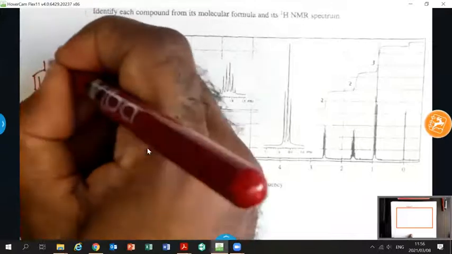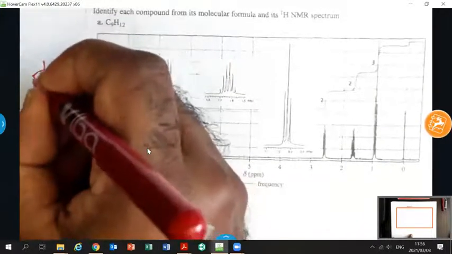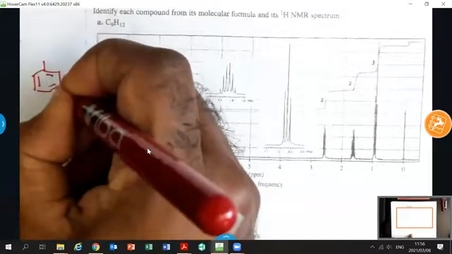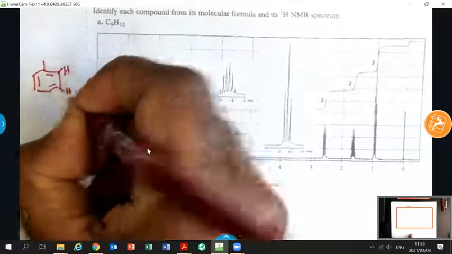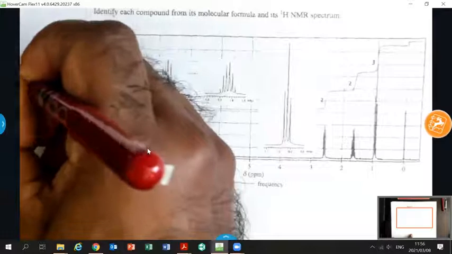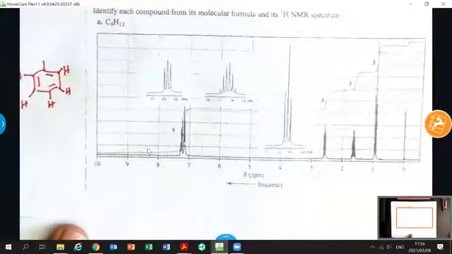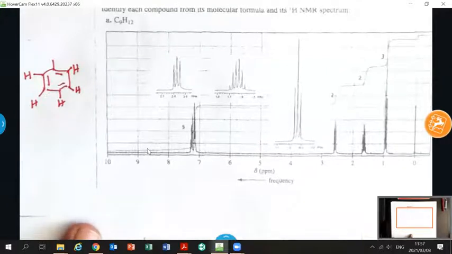This aromatic ring has got something on there, I don't know what this is yet. It has 5 protons, 1, 2, 3, 4, 5 protons, I'll put the protons in for you. 5 different protons. I've got something else bonded there. We'll see what that might be in a second, all right?